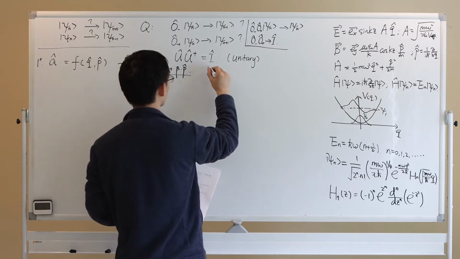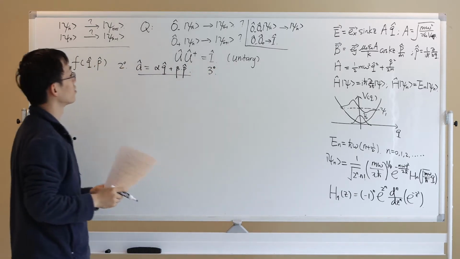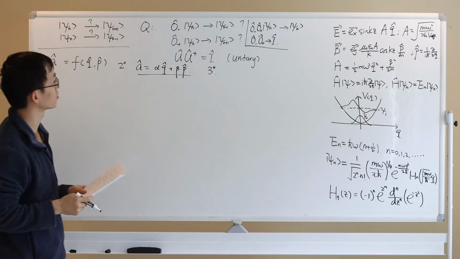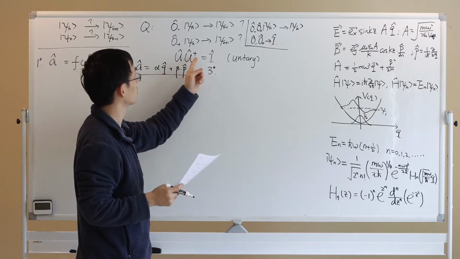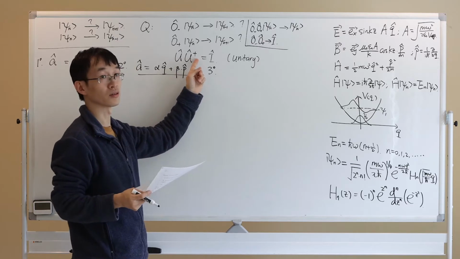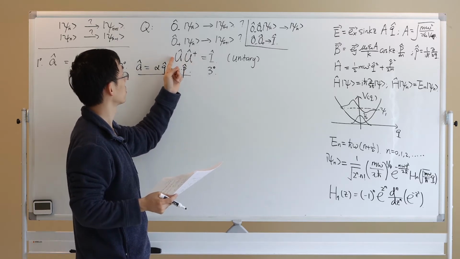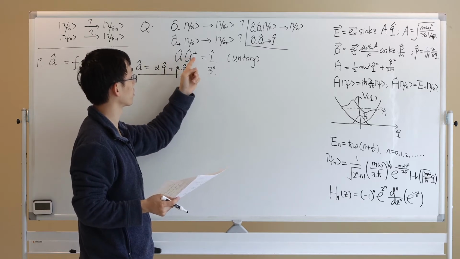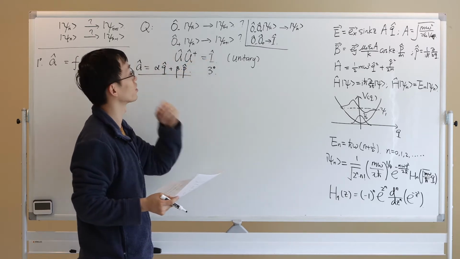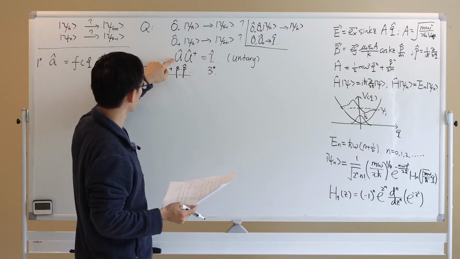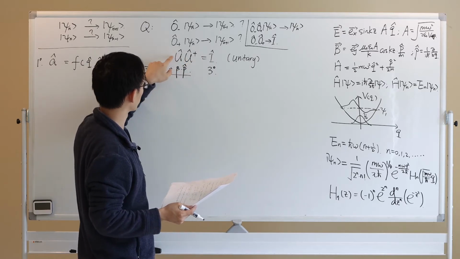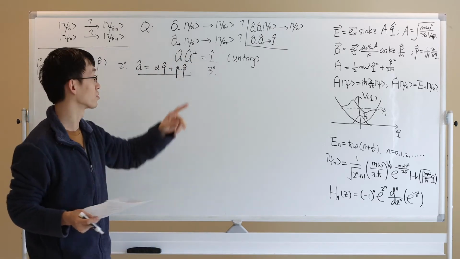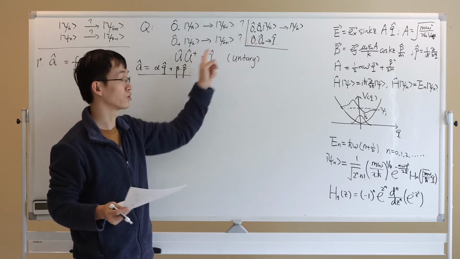And then the third thing: we want to make this operator into a unitary operator. Unitary operator means that the conjugate transpose is not itself, because these two have to be different so that when they multiply together, they give you I. The other way to think about it is, if this is the creation operator and this is the annihilation operator, they must be different. Otherwise, you'll annihilate twice, so you will never get back to the original state.